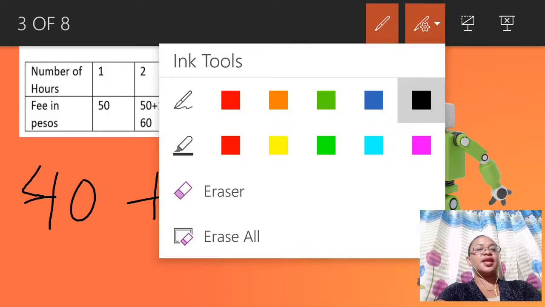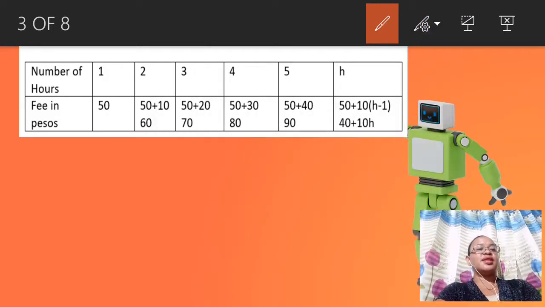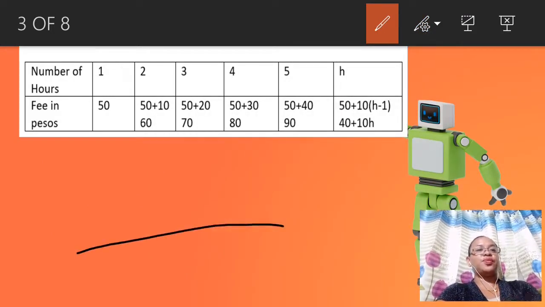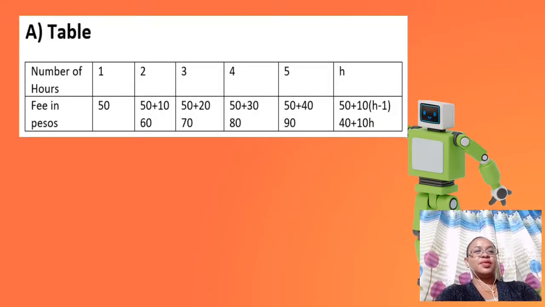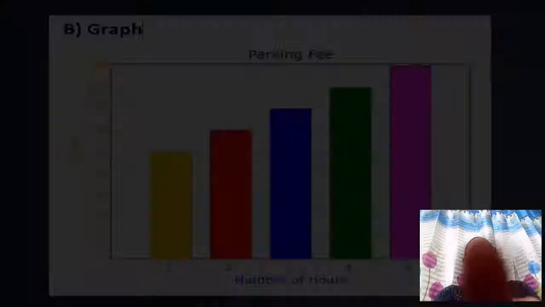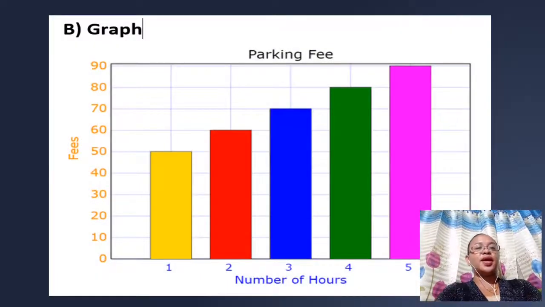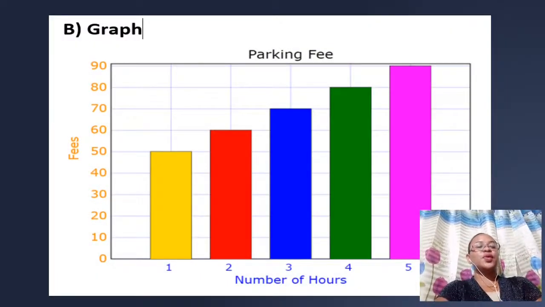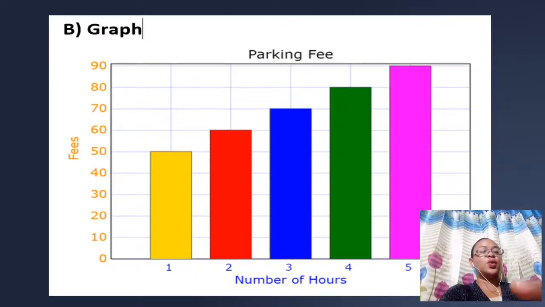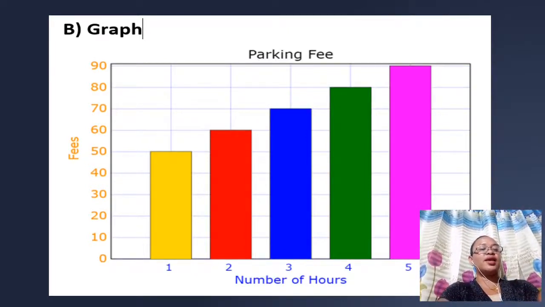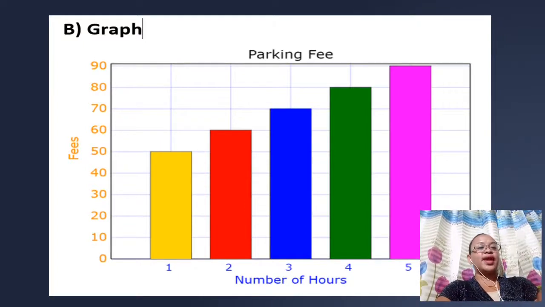Okay, the next is we will model this using a graph. So let's use a graph to model this one. We have the number of hours, so we have to identify the x and the y axis.